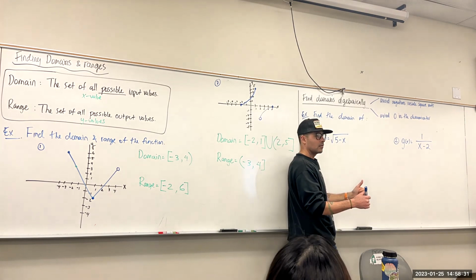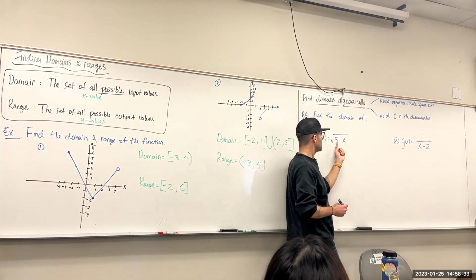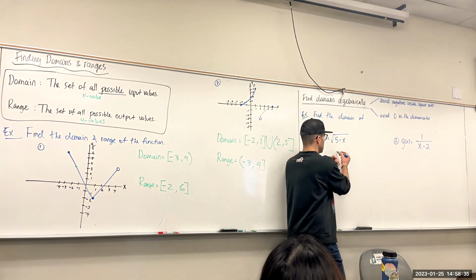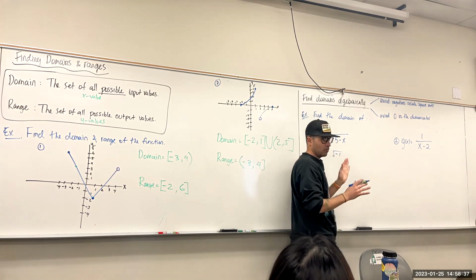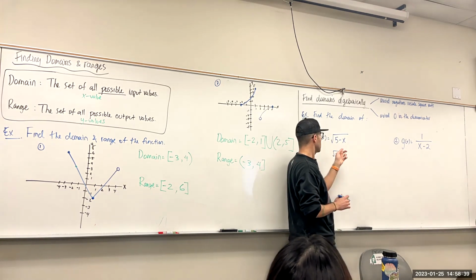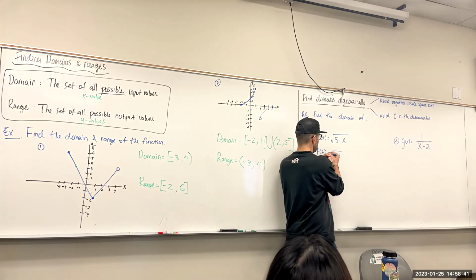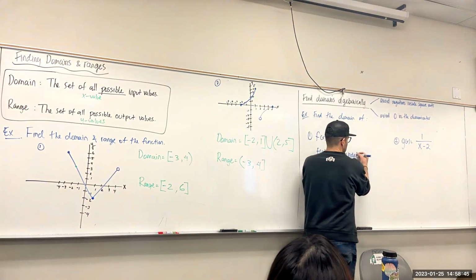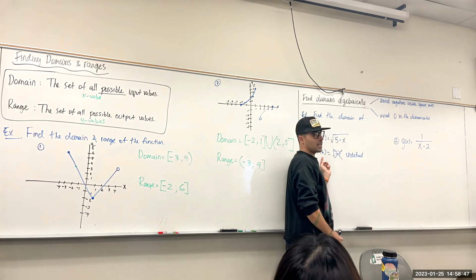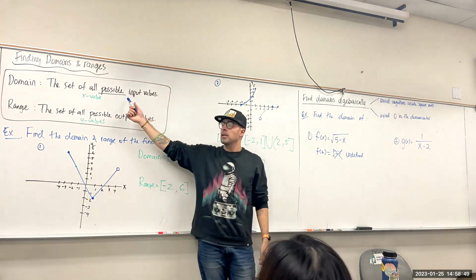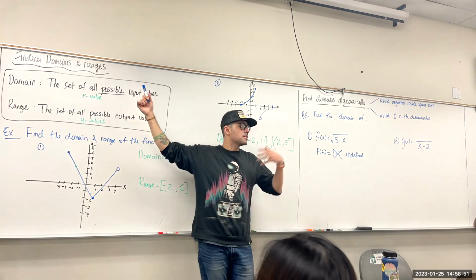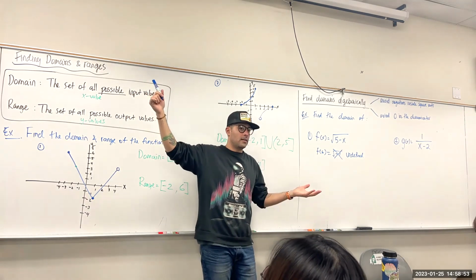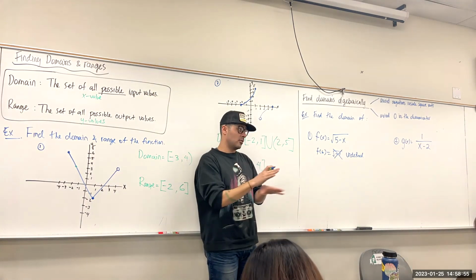If I plug in 6, what's 5 minus 6? That I can't do. If I plug a 6 into the function, we would say that it's undefined. So 6 is not a possible input value because it spits out something that's undefined. So our domain does not include the 6.